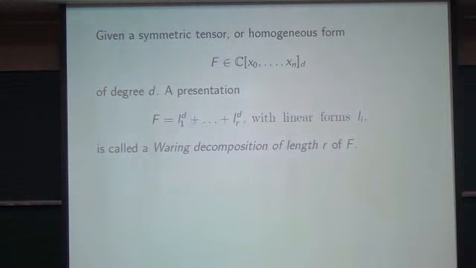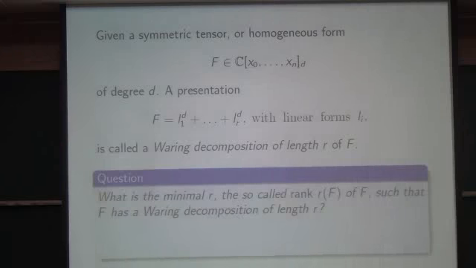So the first question is, of course, is it actually possible? And if it is possible and you have such a presentation, it's called a Waring decomposition of length r. R is the number of linear forms that you need. And so we generalize this question: is it possible to say what is the smallest r that you need for a polynomial f?